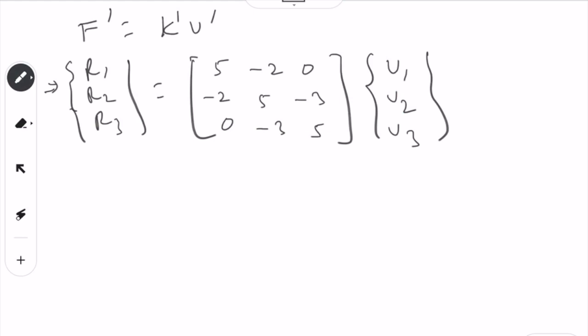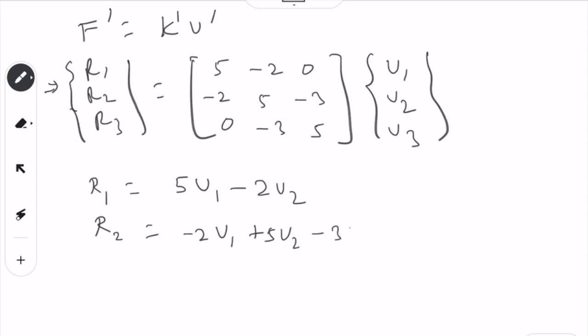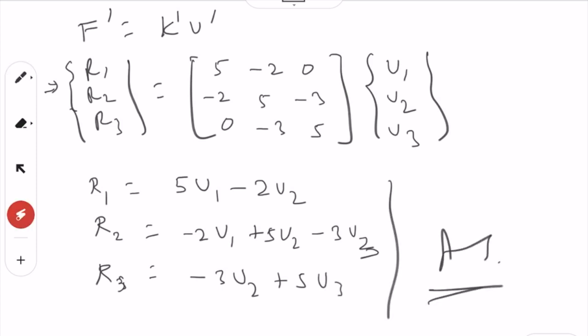Yeah, and hence r1 is equal to 5 u1 minus 2 u2, r2 is equal to minus 2 u1 plus 5 u2 minus 3 u3, okay, r3 will be equal to minus 3 u2 plus 5 u3. Yeah. So these are the answers, where since u1, u2, u3 are given, you can exactly find out the values of r1, r2, r3.